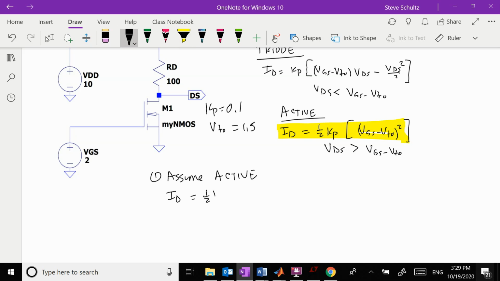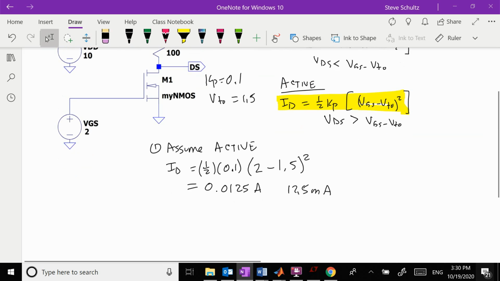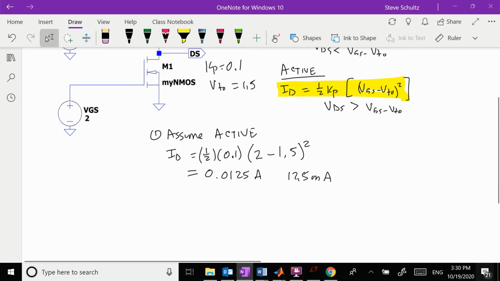So this is going to be equal to 1/2 our Kp, which is 0.1, times our VGS, which is 2, minus our threshold 1.5, squared. So that's equal to 0.0125 amps or 12.5 milliamps. Then from there I can calculate what my VDS is.